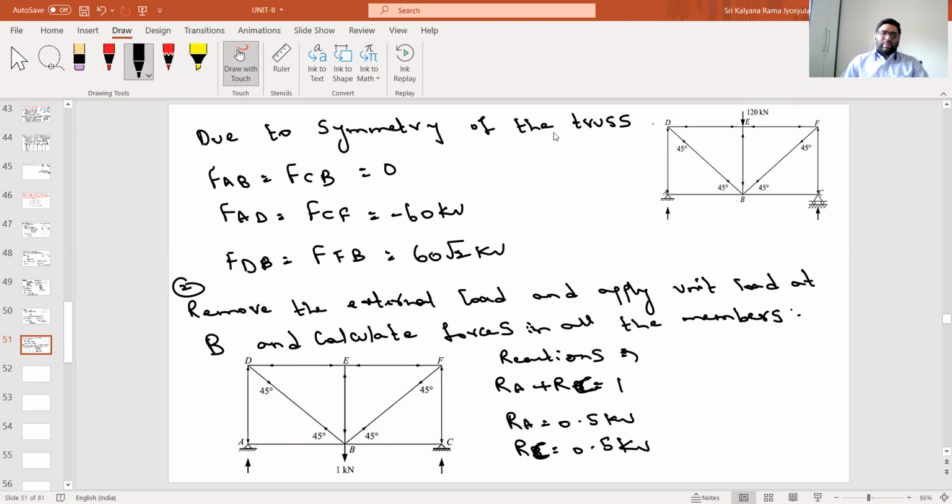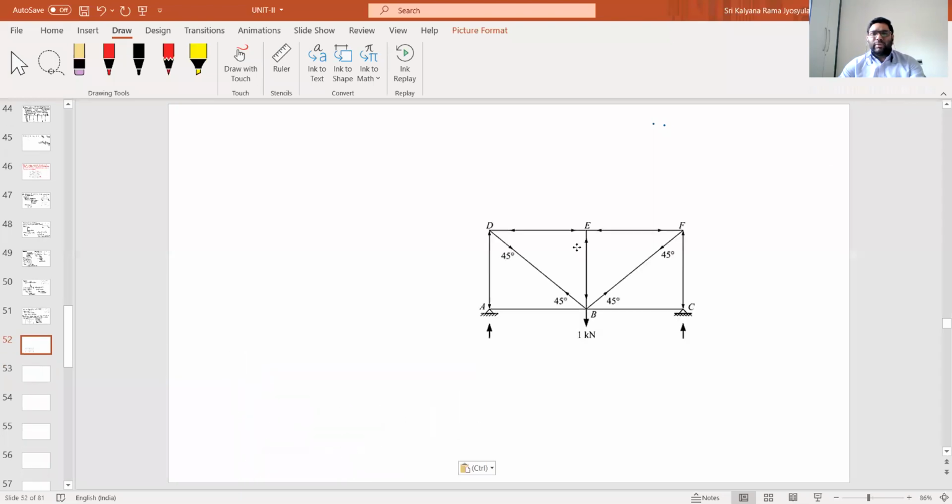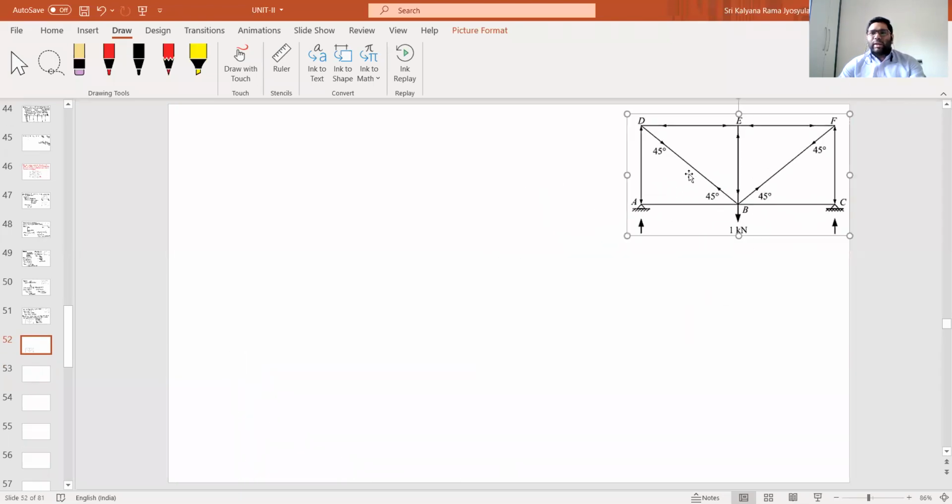Now again, the same process as we used for the truss with external load, we need to apply to get the values of the forces in all the members of the truss.